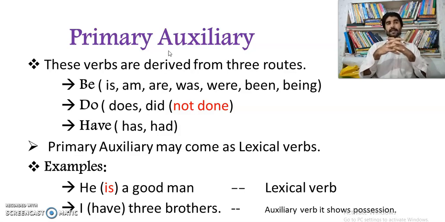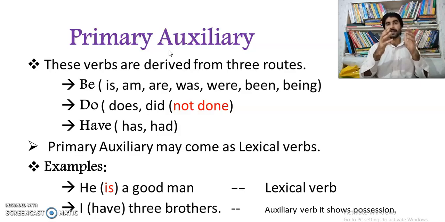Primary auxiliary may come as lexical verb. I mean to say, these primary auxiliary verbs can replace the lexical verbs and can work like a lexical verb. We have examples as written over here. He is a good man. Is, what is this? It's a primary auxiliary, but here it is working like a lexical verb.